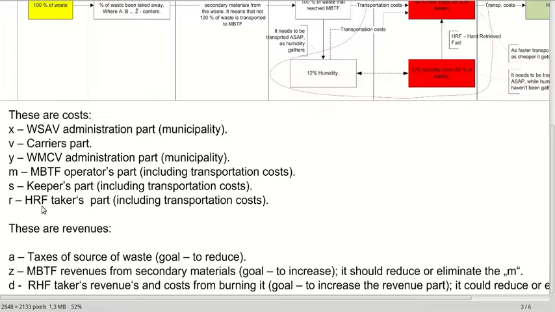Then the hard retrieved fuel takers' part, including transportation costs, and these are revenues.